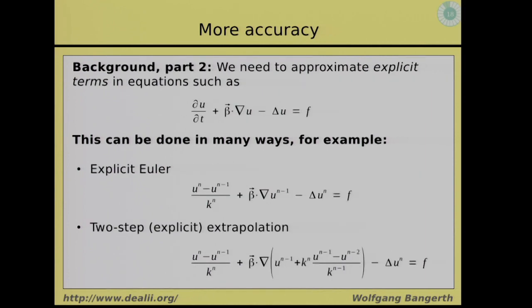And the other part that I want to talk about is when you think about explicit terms. So go back to this equation here where I had the advection term and the diffusion term. We approximated this advection term explicitly, so there was a u_{n-1} over here. But that's not the only choice.